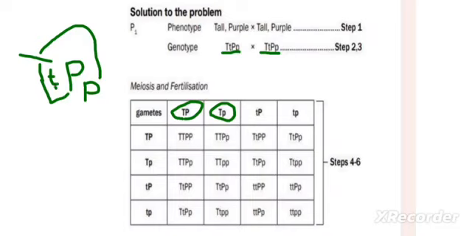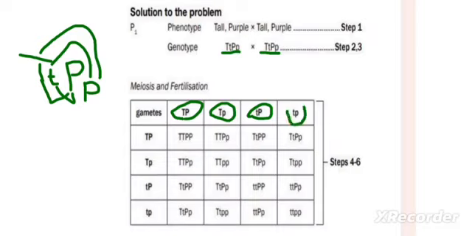And then we come to the second t now. We take it and combine it with the first P. We're going to get the small t and the big P. And then for the last gamete of the first parent, we take the small t again and combine it with the last p. That is the gamete of the first parent. Those are the gametes, 1, 2, 3, 4.